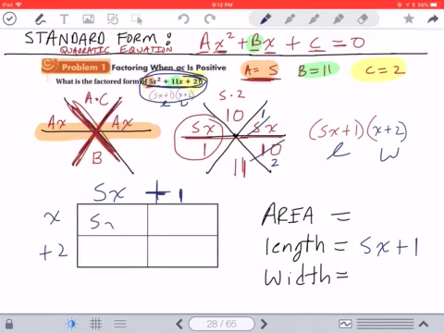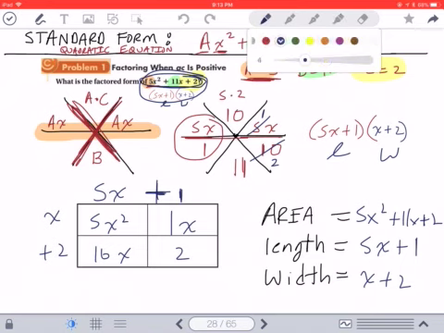So this is 5x squared. This is going to be 1x. This is going to be 10x. And this is going to be 2. Okay, so my width was x plus 2, and my area is going to be my original expression there, 5x squared plus 11x plus 2.